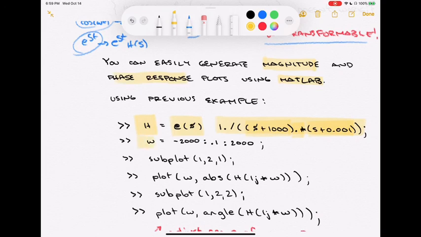I'm going to set up a frequency variable. For this particular case, we were looking at an input that was only 1 rad per second. I picked, for no other reason, a range from minus 2,000 to 2,000. You might find that that's too big a range, or you might not get enough information out of it. So this particular line might get adjusted. We'll talk about that later.